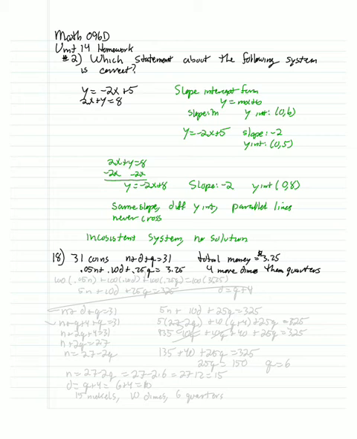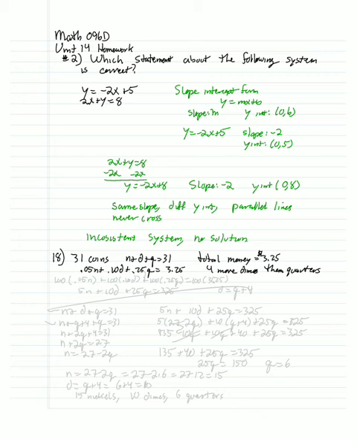For the next one, we have 31 coins, and the coins are nickels, dimes, and quarters, and the total amount of money is $3.25. So nickels plus dimes plus quarters is 31. 0.05 times nickels, because it's 5 cents per nickel, plus 0.10 times D, because that's 10 cents per dime, plus 0.25 times quarters is 3.25.